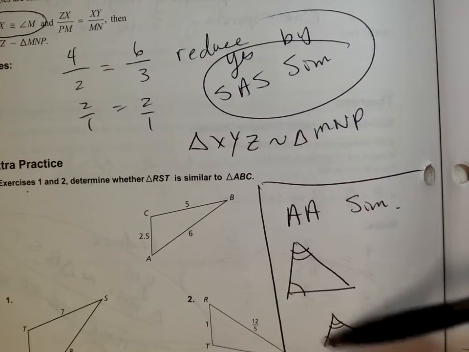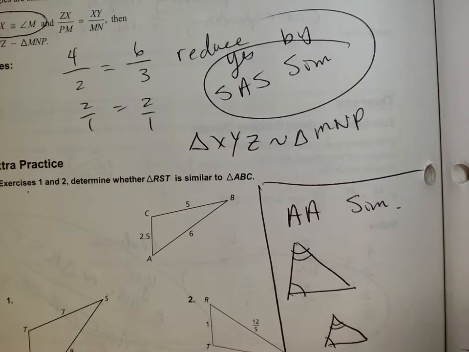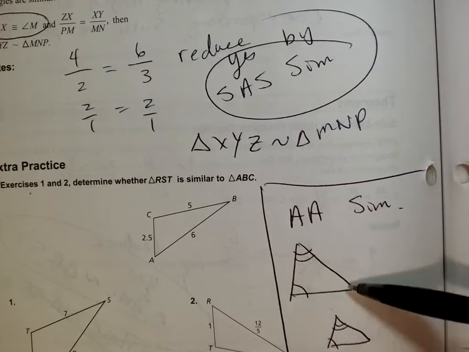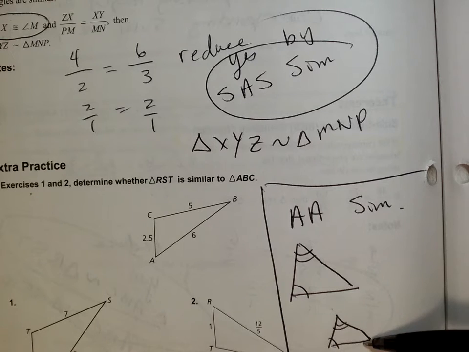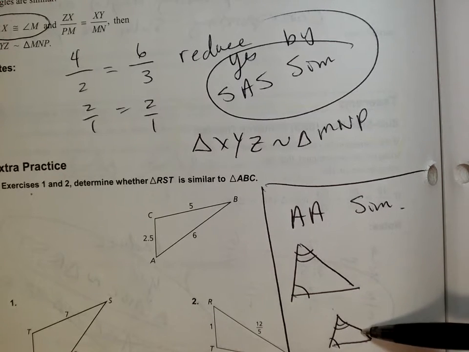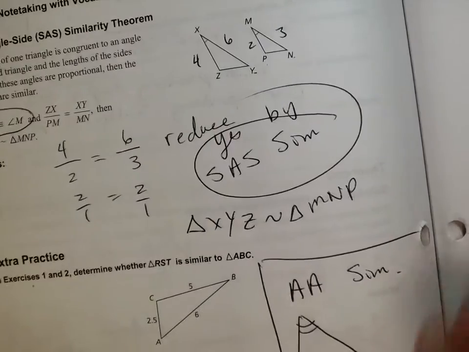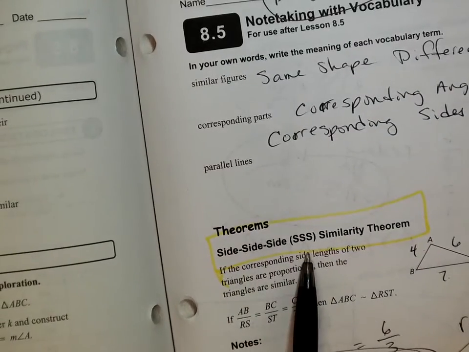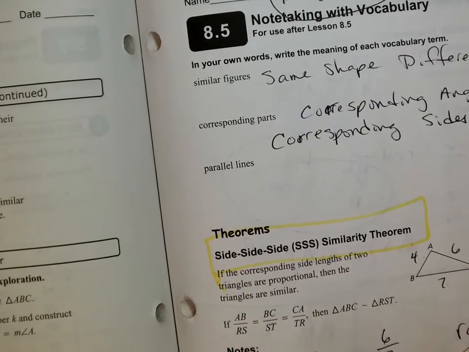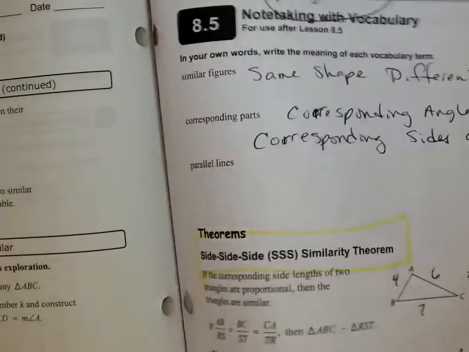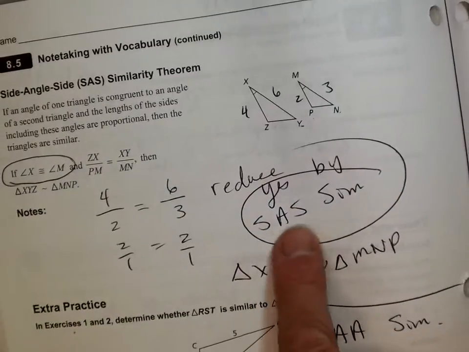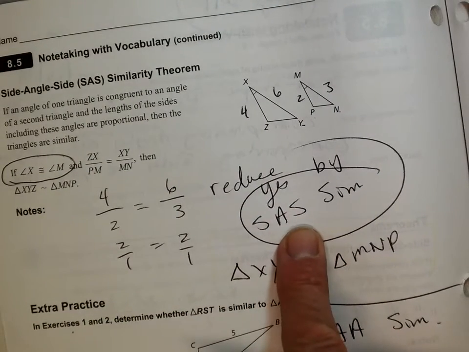If I have two angles that are equal to each other, then the triangles are similar, because if two angles are equal, it forces the third. They're not equal, but they're the same shape. The second way is side, side, side similarity: if you can show that all three sides are proportional. And the third way is side, angle, side similarity. Those are my three ways we're going to prove triangles similar.